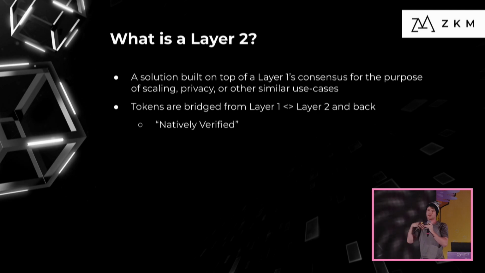So that can be a layer 1, or if I'm creating a layer 3 solution, that can be from a layer 1 to a layer 2, so I'm inheriting the security of the layer 2, and so on and so forth. So there can be multi-layered applications. But essentially, by natively verified, I mean that we're depending on the L1 itself, or whatever contract itself, and its consensus mechanism for validating different types of operations that occur.